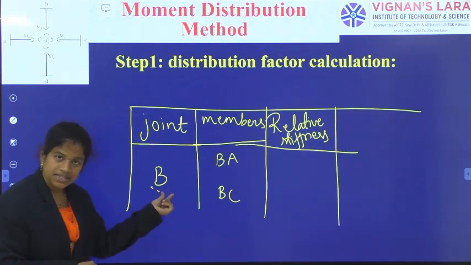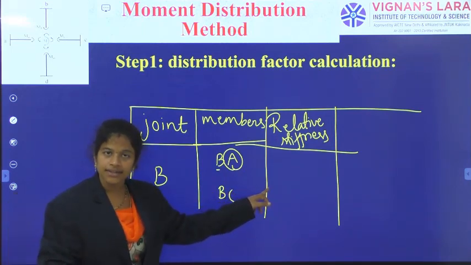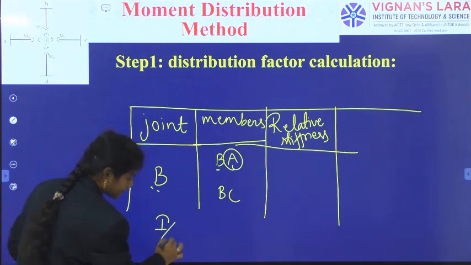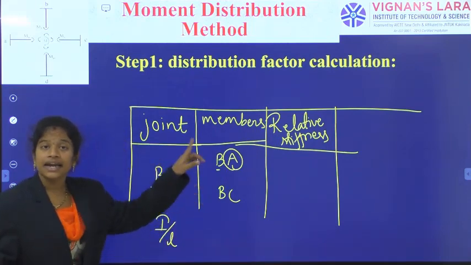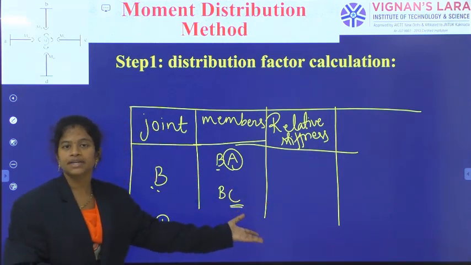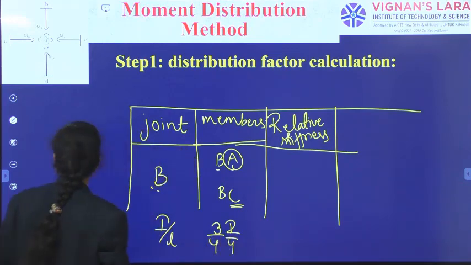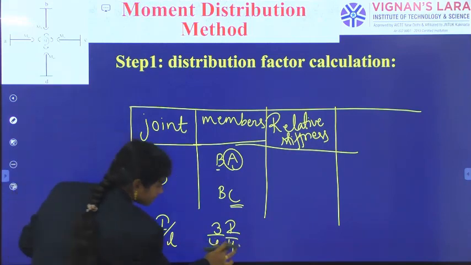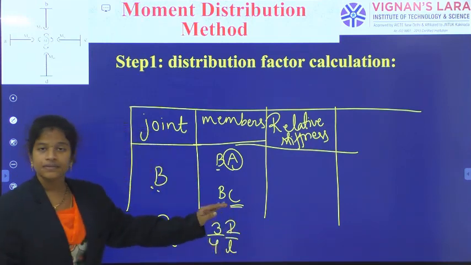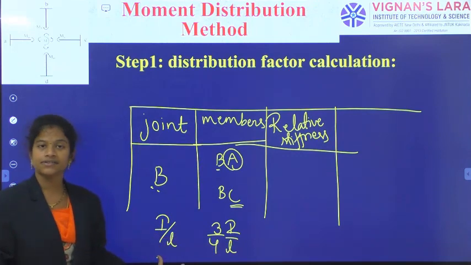So for this the farther end is A. When the farther end is fixed, the relative stiffness formula is I by L. If the farther end is hinged, that is, if C is a hinged support or simply supported end, the relative stiffness is 3/4 of I by L. So if the farther end is hinged, this is the relative stiffness. If the farther end is fixed, this is the relative stiffness.